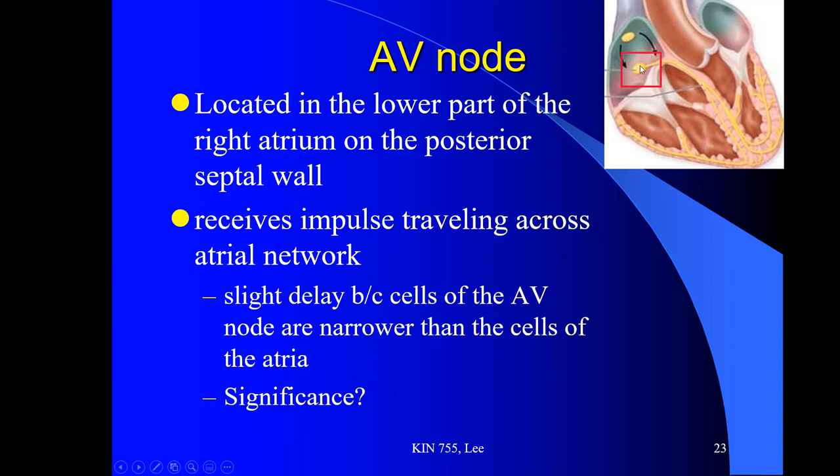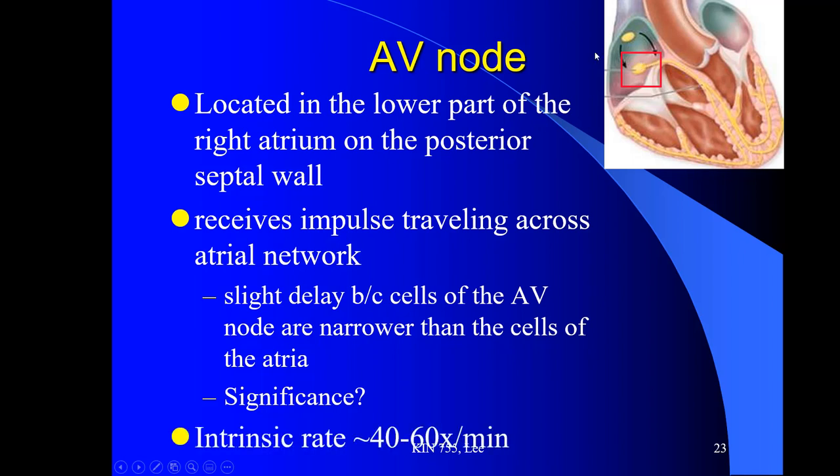That's going to be important because it allows the atria to finish their contraction, or almost finish their contraction, before the electricity gets to the ventricles. We're all probably aware that the atria contract before the ventricles, and that's pretty much why you get that electrical delay right here at the AV node, which allows the atria to contract first before the ventricles are stimulated.